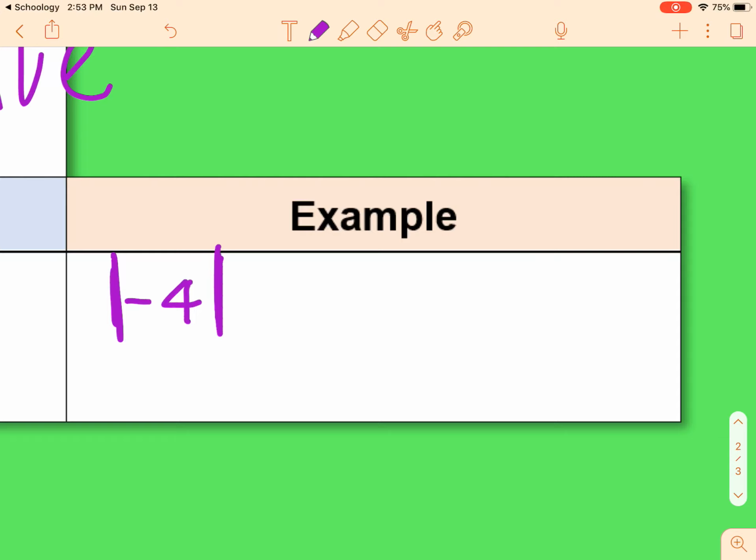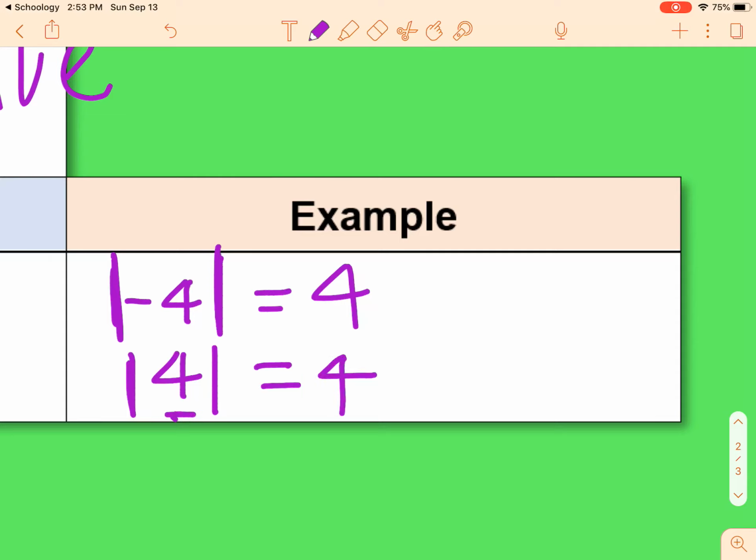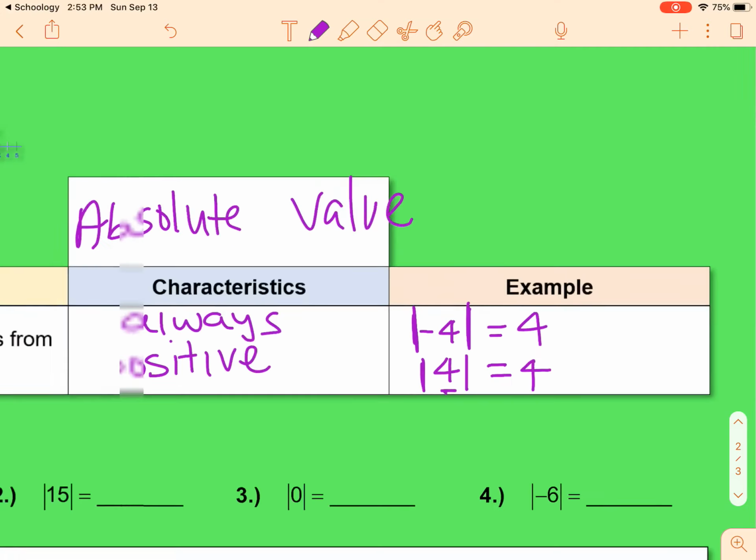So the absolute value of -4 is just 4. The absolute value of 4 is always positive, so it would just be 4 as well. So absolute value is always positive no matter what.